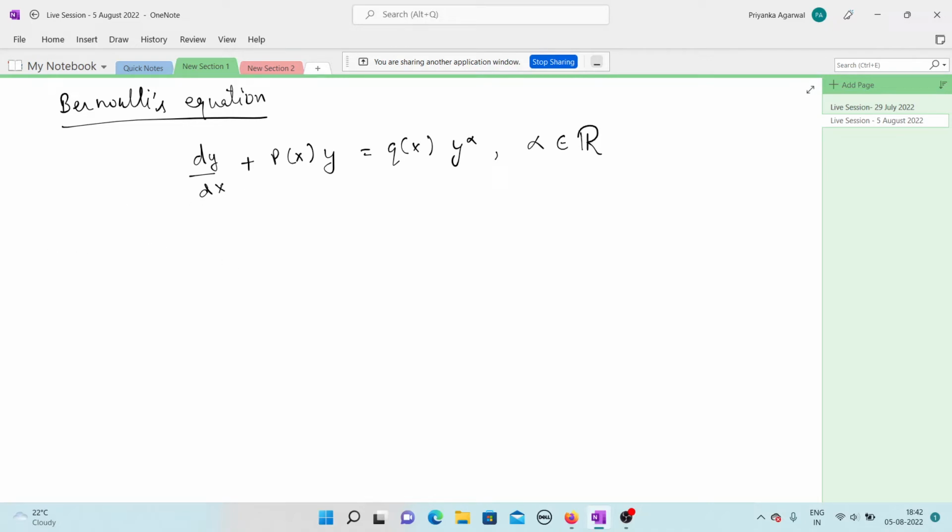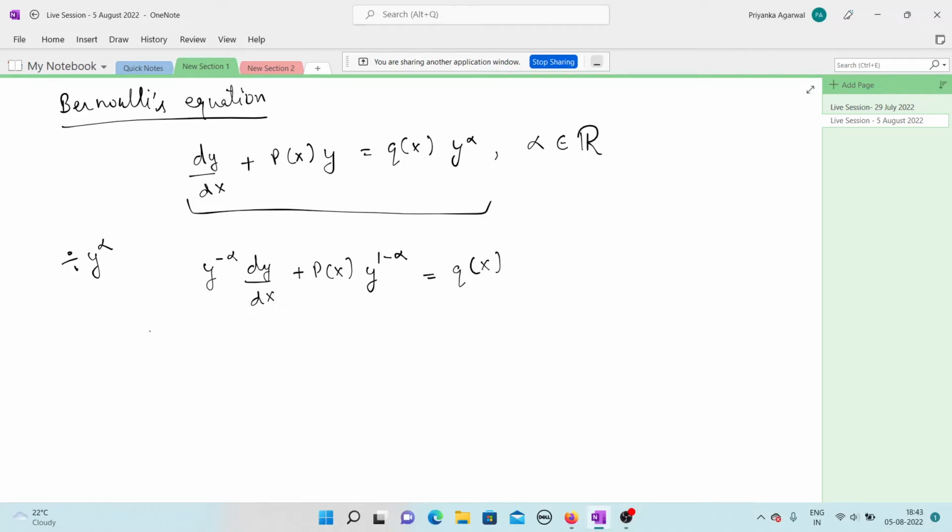Now how do we proceed to solve this equation? First we divide this equation by y to the power alpha, and then, as shown in the lecture, it becomes y to the power minus alpha dy by dx plus p(x) y to the power 1 minus alpha equals q(x), right?